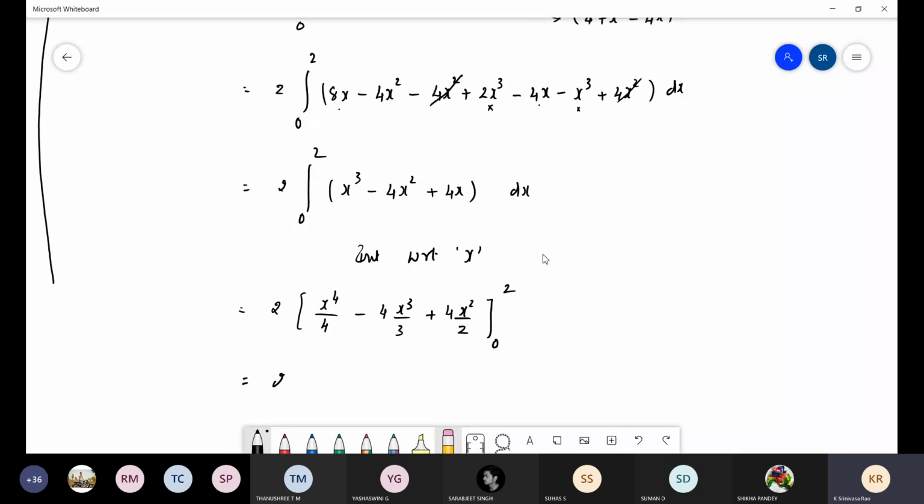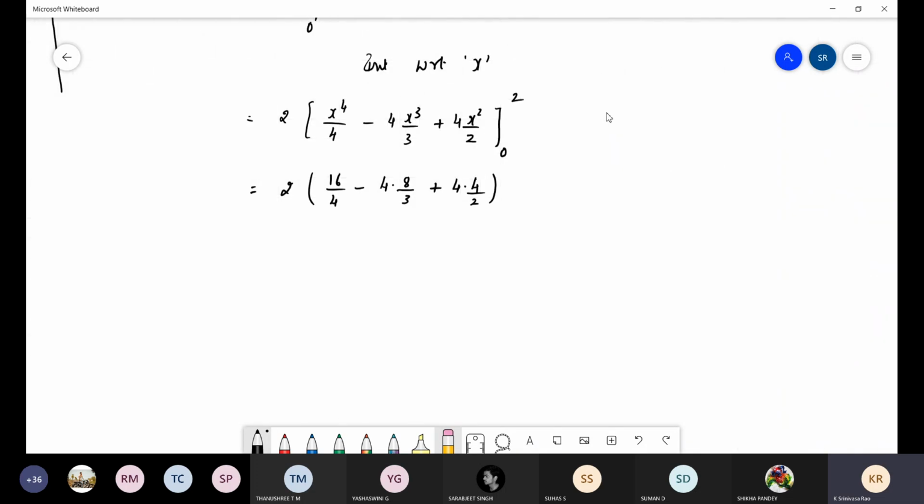That becomes 2 times 2 power 4 is 16 by 4, minus 4 into 2 cube is 8 by 3, plus 4 into 4 by 2, upper limit; lower limit is 0. Finally, what is the answer?